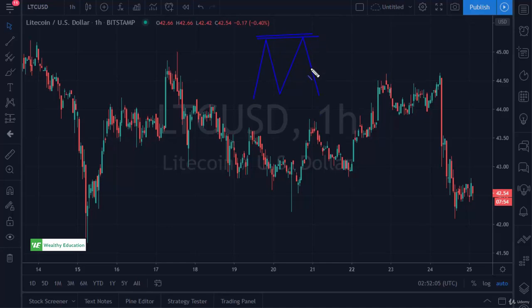Doesn't have to be to the exact penny, but quite often you will see, within a few ticks or so, where the market tries to rally, it fails, it pulls back, it tries to get above there again, and then it fails. Well, what does this tell you? This tells you there are sellers up here, and the double top, which of course is a reversal, or at least a potential reversal signal.